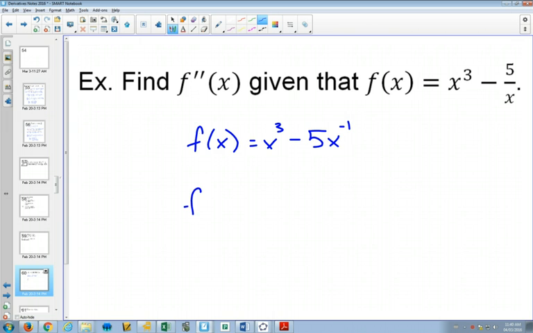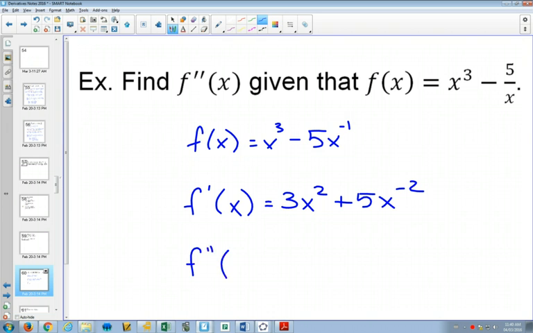So now we can find our first derivative, by bringing that exponent out in front and subtracting 1 from the exponent. And now everything is still in the power rules, so finding the derivative again isn't too bad.